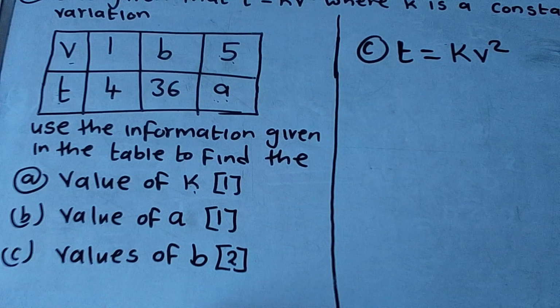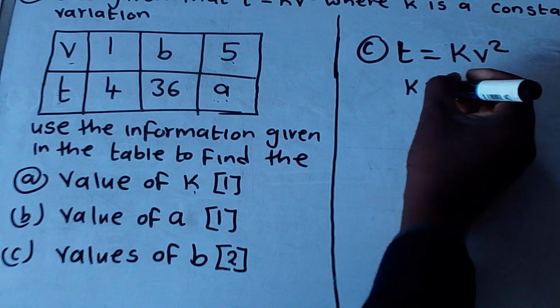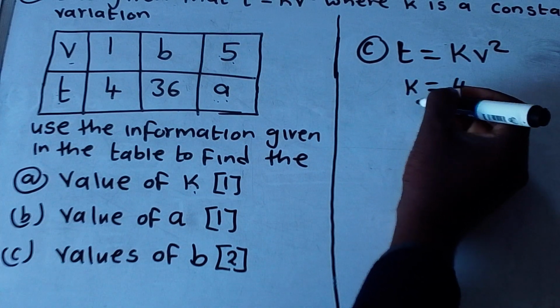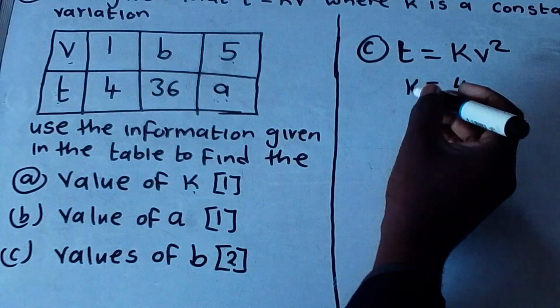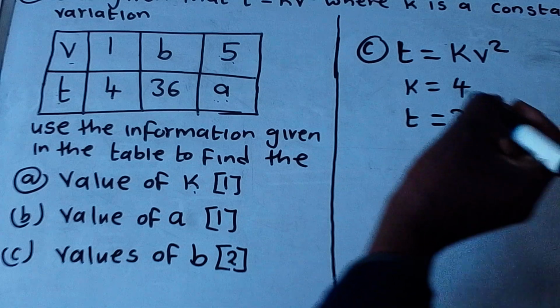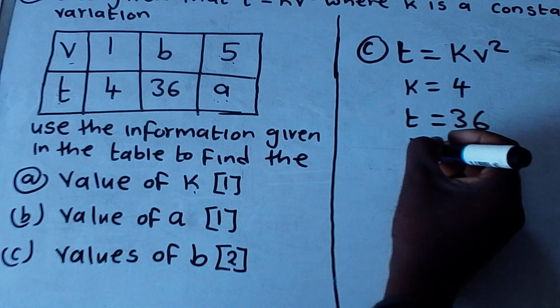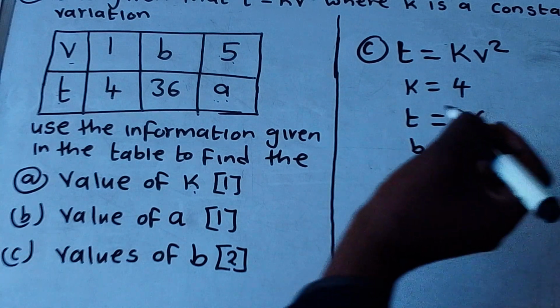Now, according to the information we know that K is 4, and T is 36. What are we looking for? We are looking for the value of B, which is a question mark.